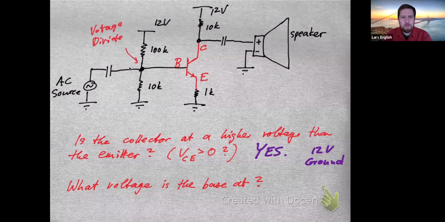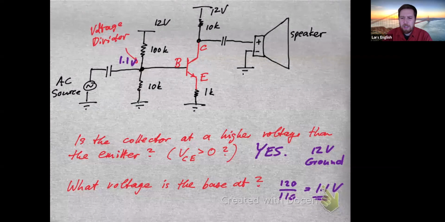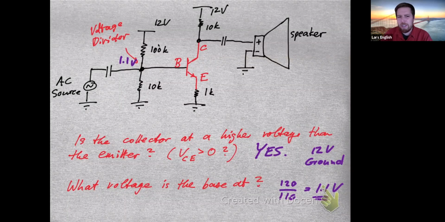Well, you might recognize this as a voltage divider. A quick calculation would reveal that that point is at 1.1 volts. Remember, we have 2 resistors, but one is 10 times larger than the other. This is 100 kilo ohms, this is 10 kilo ohms. That forces this voltage here to be at 1.1 volts.